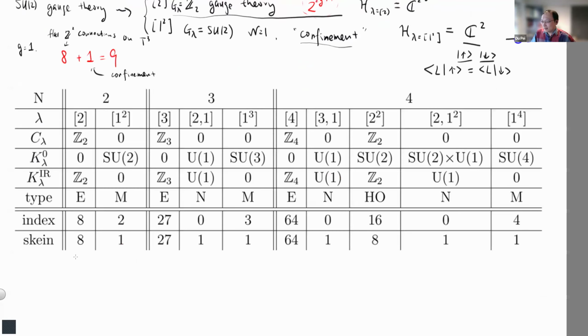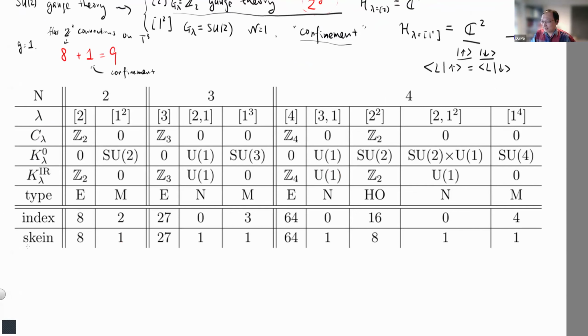So then one can compare this with the index. Here, I see that for this phase with Z2 gauge theory, the dimension of the skein module agrees with the Witten index. But for this, the Witten index knows about both states, but the skein module only knows about one of them.